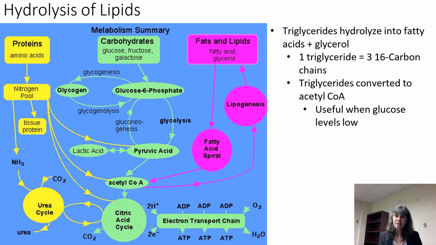And the triglycerides can be converted to acetyl coenzyme A, which is really useful when glucose levels are low. We can actually use triglycerides to make acetyl coenzyme A so that we can continue with the citric acid cycle.